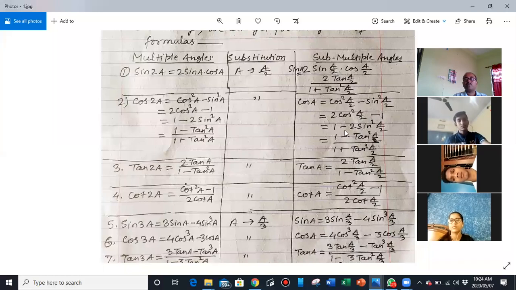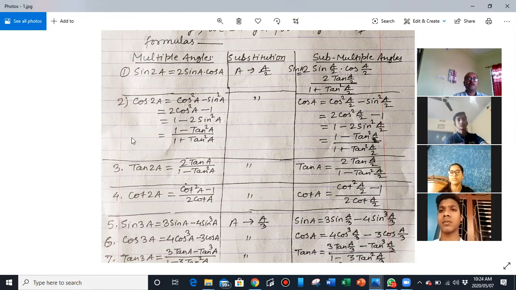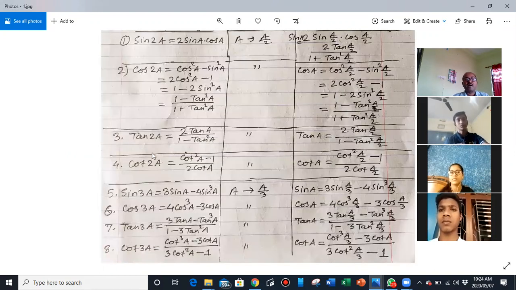And next, 1 minus 2 sin square A upon 2. And next, 1 minus tan square A by 2 upon 1 plus tan square A by 2. So this is for cos A, 1, 2, 3, 4 options. Now on the left side I have quoted the formulas of multiple angles, and on the right side the parallel formulas for submultiple angles.